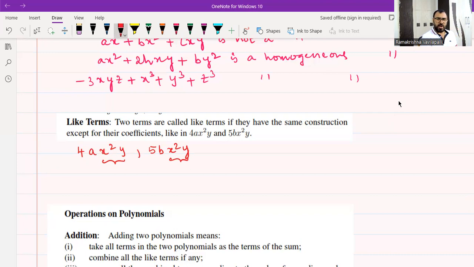Only they differ by a constant, no problem at all. So these are like terms. I can give you some more examples of like terms: 3x square yz and minus 6x square yz are like terms. Minus 3 by 2x, 5x, minus 6x are like terms.